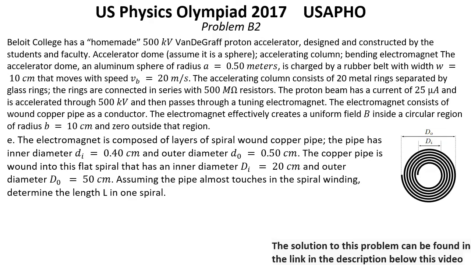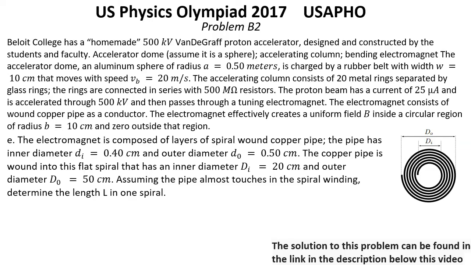The copper pipe is wound into a flat spiral that has an inner diameter di equal to 20 centimeters and an outer diameter d0 equal to 50 centimeters. Assuming the pipe almost touches in the spiral winding, determine the length L in one spiral.